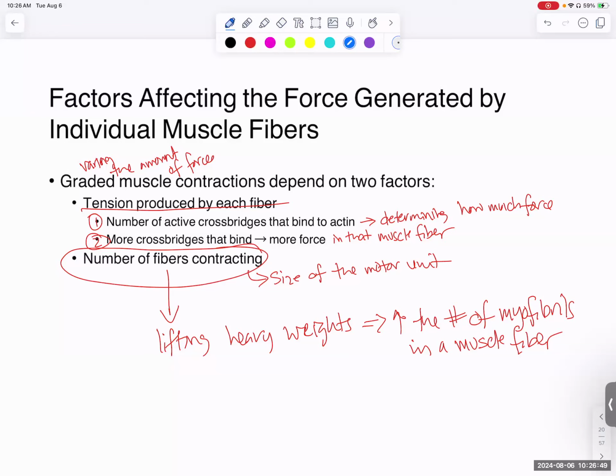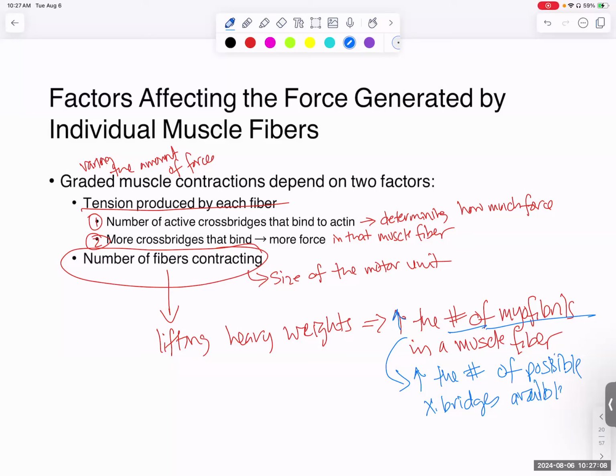Well, if you increase the number of myofibrils, guess what? You increase the number of possible cross bridges available.